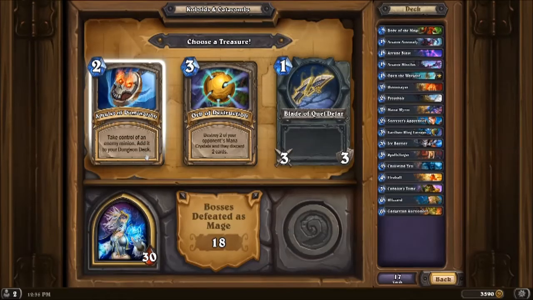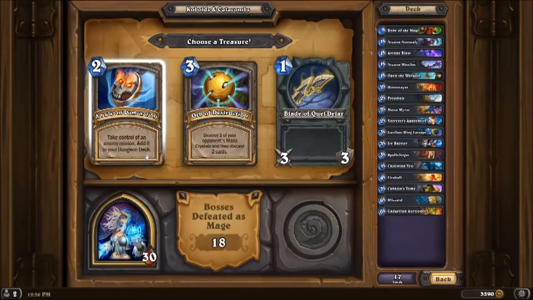The take control of an enemy minion, that can be useful. However, we have to remember, because it adds it to the dungeon deck, that does change what the probabilities for the cards are. So when choosing to use it, we can't just simply go with whatever seems like a good idea.